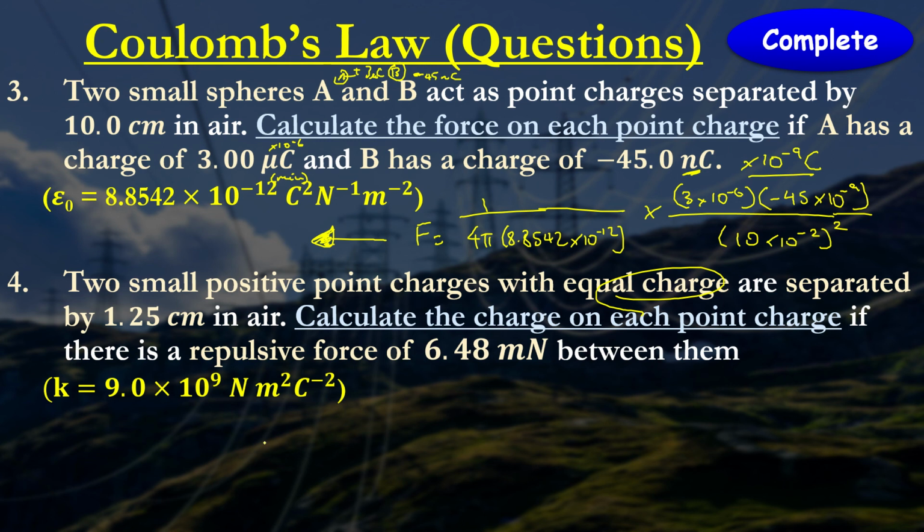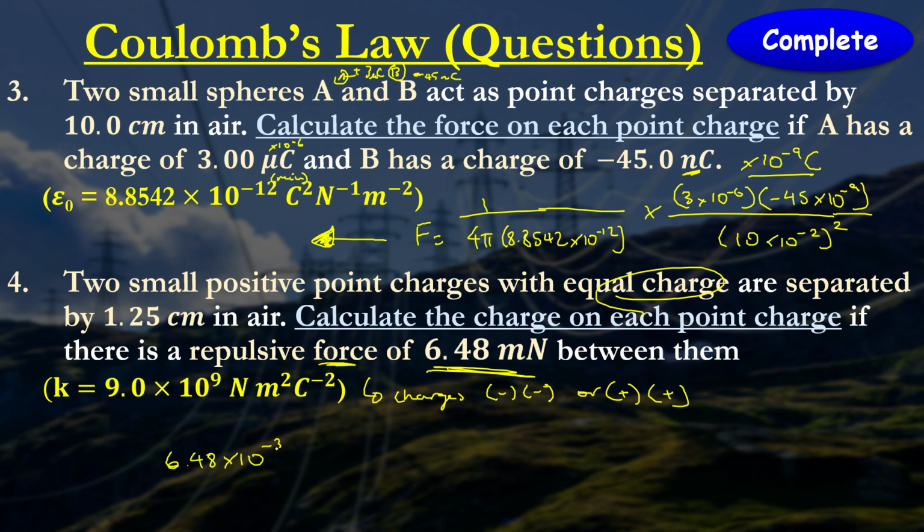Okay, so we have a repulsive force of 6.48 nanonewtons or millinewtons. The fact that we have a repulsion would suggest that the charges are either two negative pairs or two positive pairs. Okay, so let's just substitute that into our equation.